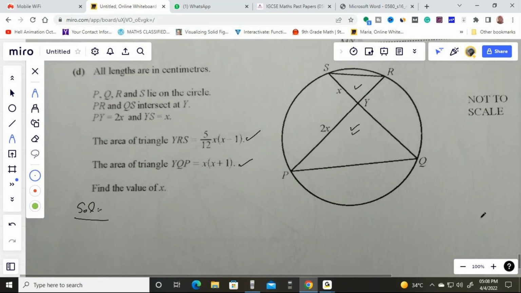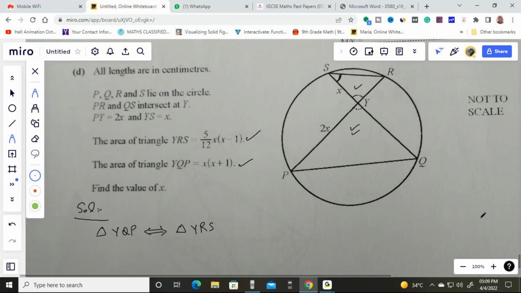So I just say that triangle YQP is similar, this is the notation of similarity, to triangle YRS. So this tells me that this angle and this angle are same according to the circle theorem of similar triangles.